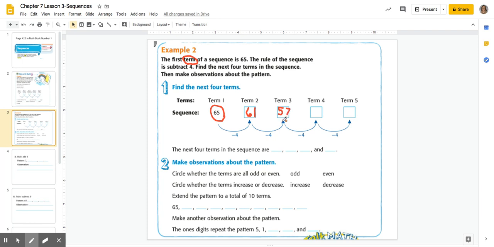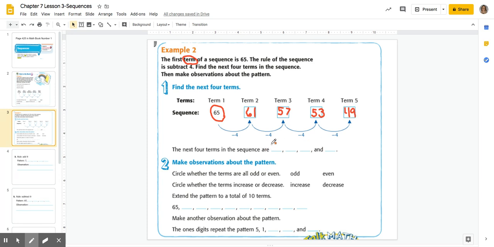All right, we're going to subtract 4 again. 57, 56, 55, 54, 53. And we're going to subtract 4 one more time. 53, 52, 51, 50, 49.